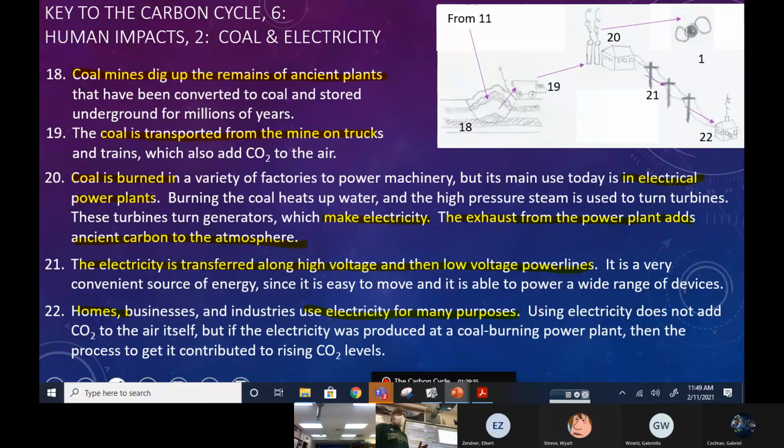This would include, like, maybe you've heard of hydropower. Like if you know Hoover Dam, when the water falls off the dam, it turns the turbine that turns the generator that makes electricity. There's no carbon involved. Of course, solar power makes electricity without adding any CO2 to the air. So we have alternatives to electricity that don't add CO2.